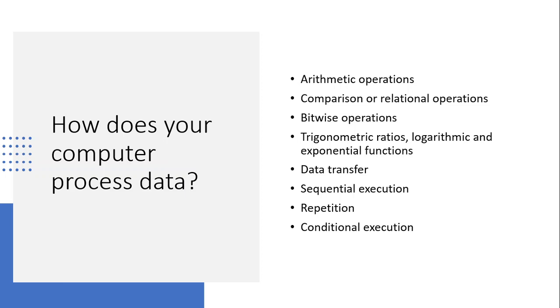Similarly, we can perform logical operations on data. Logical operations means we can evaluate different conditions. For example, if you want to play cricket, in order to be able to play cricket, you need to meet certain conditions.